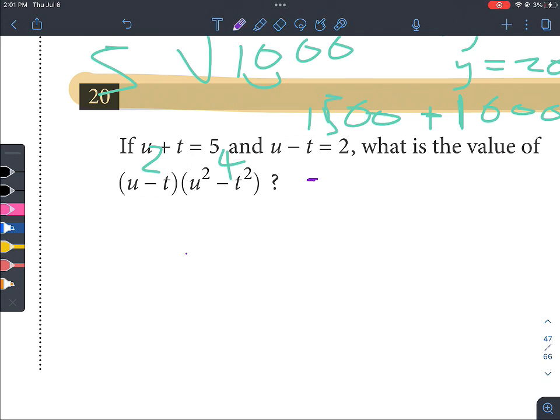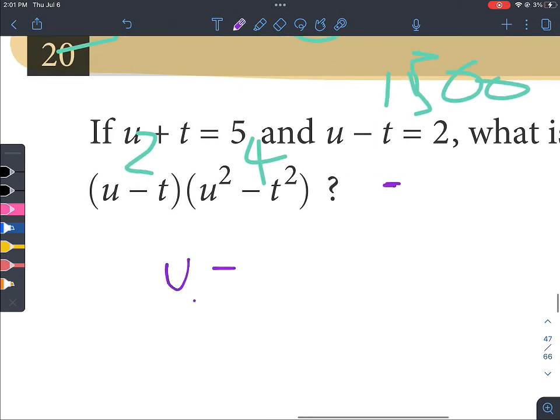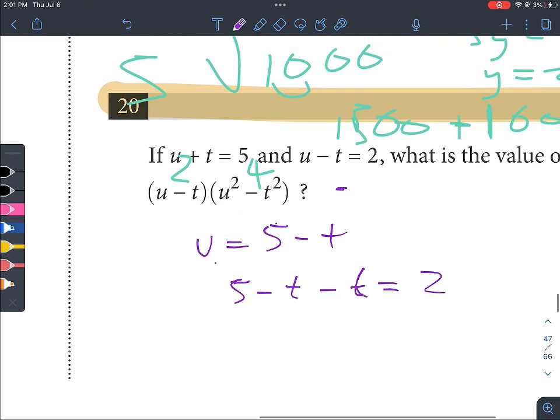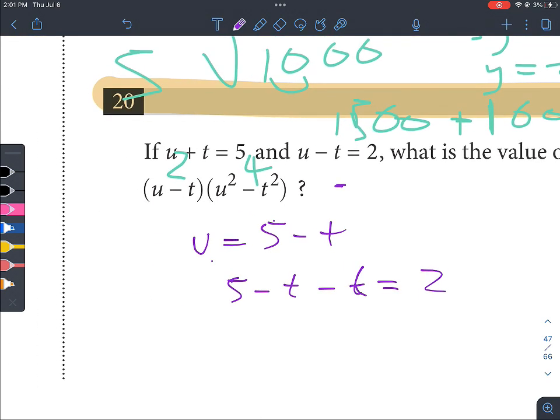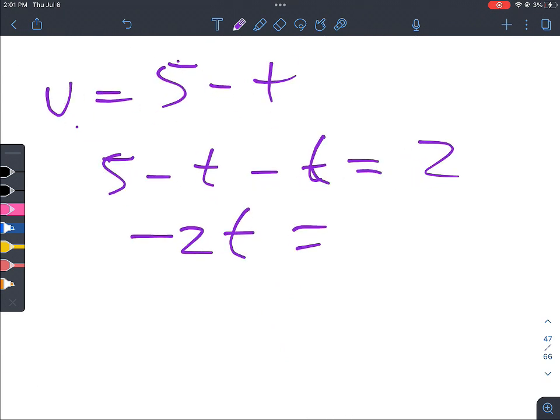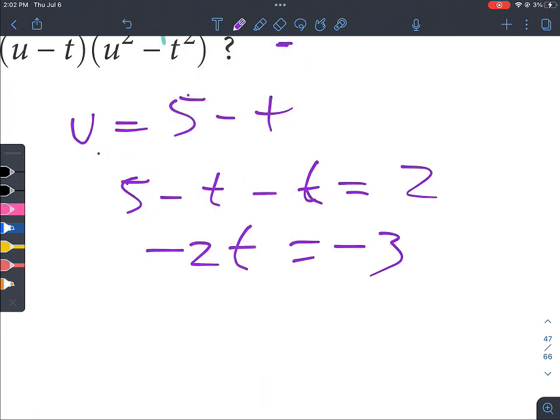So let's try to solve that. U equals 5 minus T. 5 minus T minus T equals 2. And then you have negative 2T, negative 3.